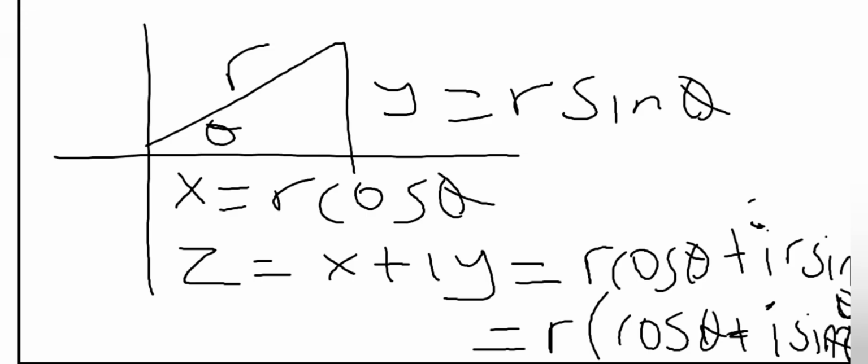So these are the formulas that you should know. So this should come into your mind when you are asked to write z equals x plus iy in polar form. You should write it as r open bracket cos theta plus i sine theta. This you should know into your minds.